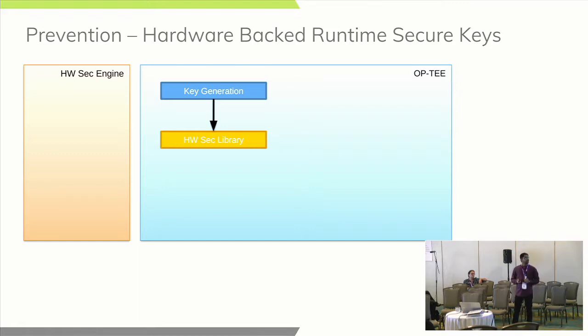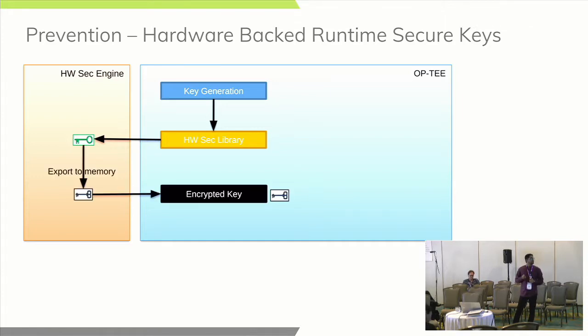The hardware security library will offload that operation to the hardware security engine, which will generate that key in the plain format. But the most important part here is that whenever you want to export this key into the memory, it will not be exported as it is. It will be encrypted with some hardware key, and only then will it be exported to your secure memory.